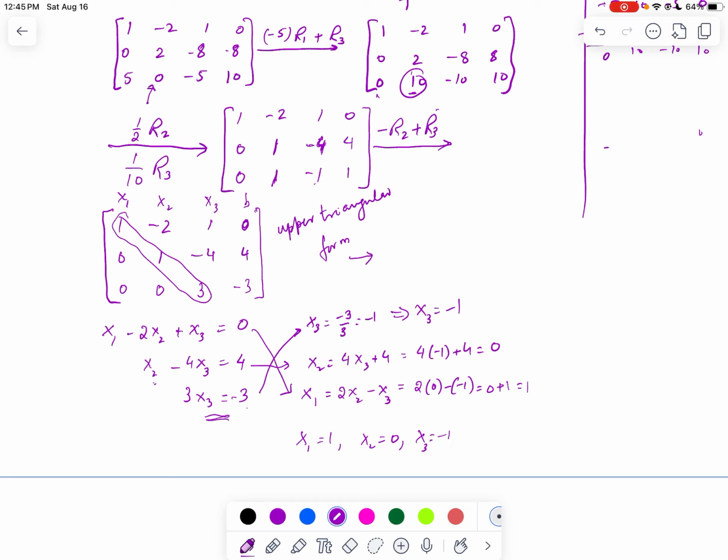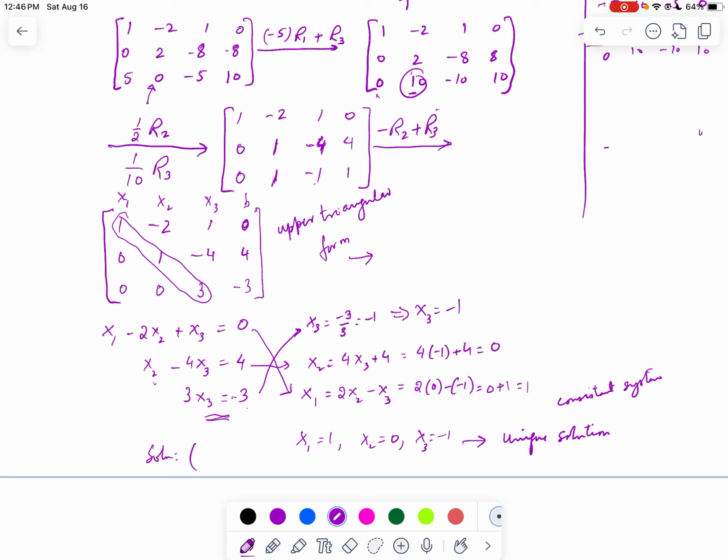Each variable has only one value. So this means we have a unique solution, or you can say exactly one solution. And then the system is consistent. So, a consistent system. And how do we write our solution?